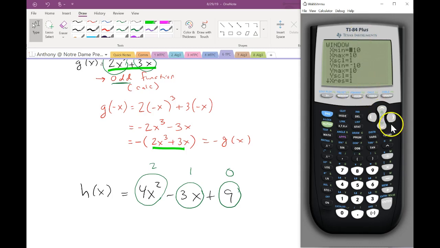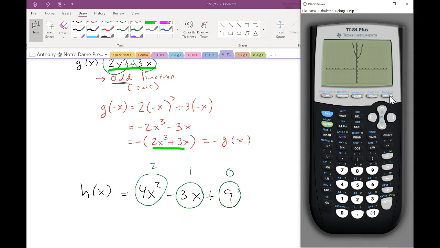So I'm just going to make this a little bit taller. I'm going to change my Y max from 10 to 20. If I look at that, that looks like neither of them, right? You can see one half has more of the parabola than the other, so it's not even, and it's definitely not odd because it doesn't even go through the origin. So, everybody happy with that? Okay, so it looks like neither here.